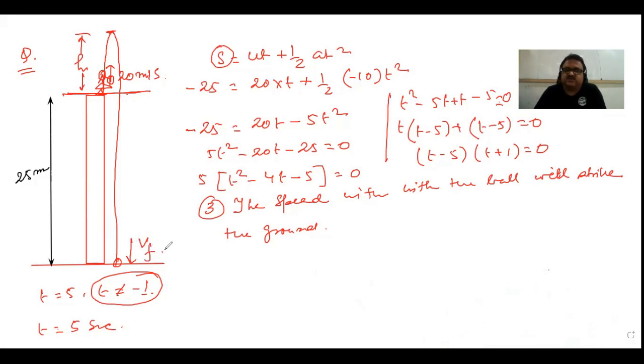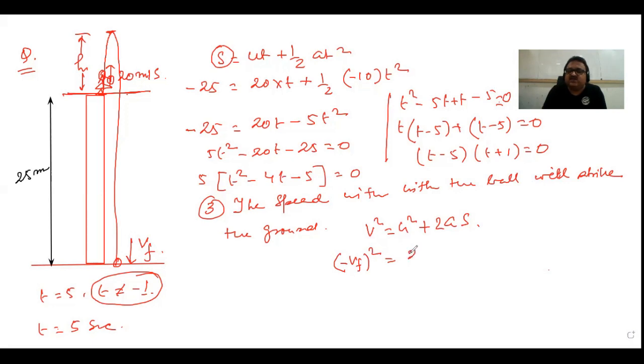So I'm going to use this formula: v square equal to u square plus 2as. v in this case is minus Vf, whole square. u is positive.